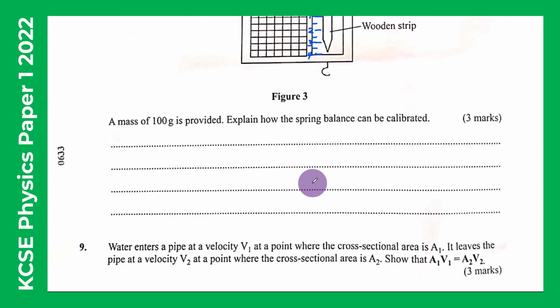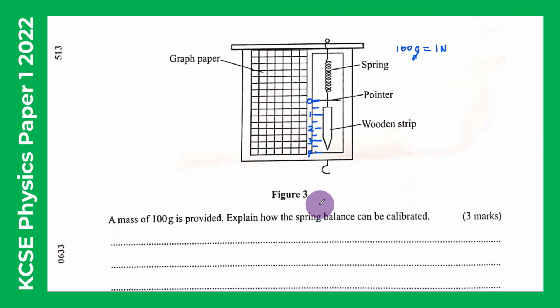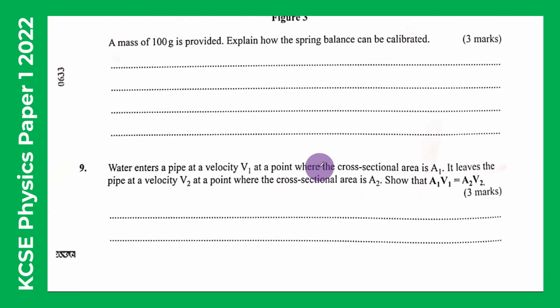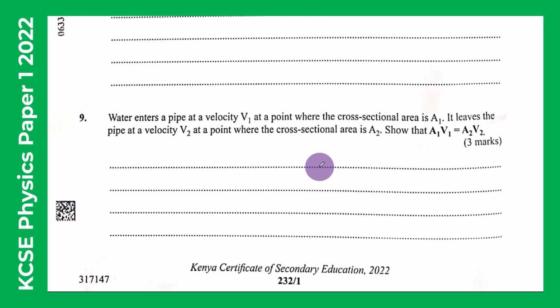So again, you can try to summarize that. What is important is putting a mark when it is carrying no weight, and putting a mark when it is carrying a weight of 1 Newton, and then repeating that extension on the instrument, or marking that extension on the instrument.